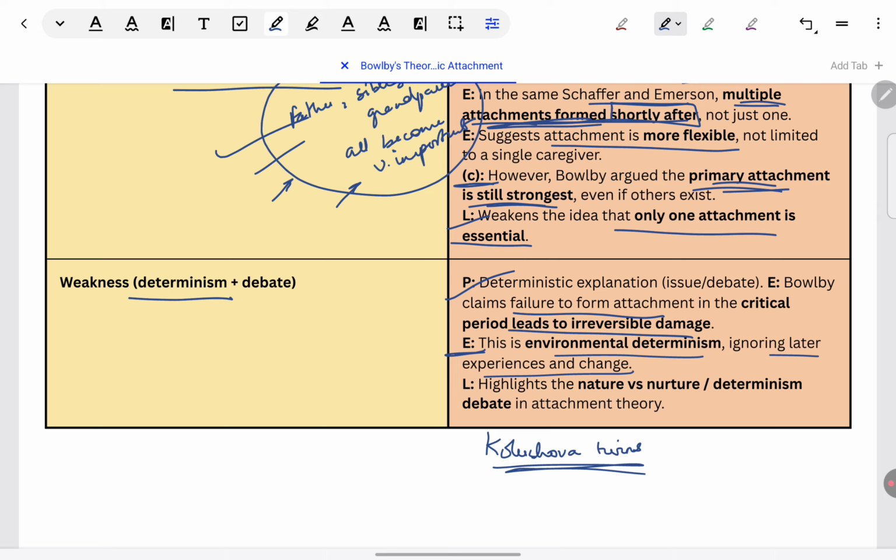This was a case of twins who had been severely deprived of their mother figure up to 7 years of age, meaning the critical period had well surpassed, because the critical period is only 2.5 years, and up till 7 years, they did not have any strong attachment. Fortunately, later they got adopted, and once they did, their adoptive parents gave them so much love, attention, and such a good environment that their intelligence was good, their ability to form relations was good.